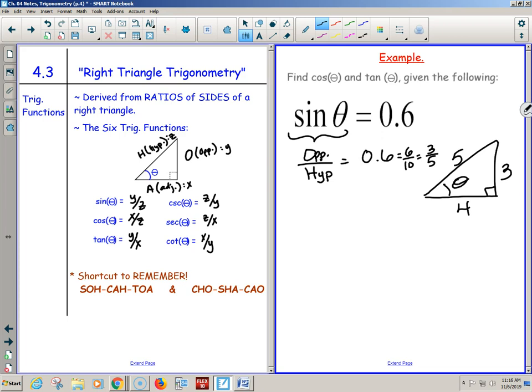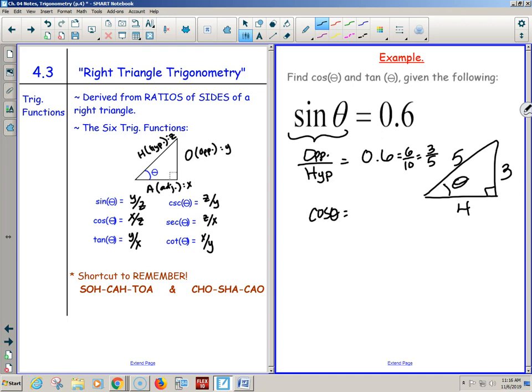I don't know exactly if this was the triangle that got the 0.6, but I know that whatever triangle it did come from is proportional, which means its ratios will be the exact same. So then, what would cosine be? I'm confused, Ms. Steve.